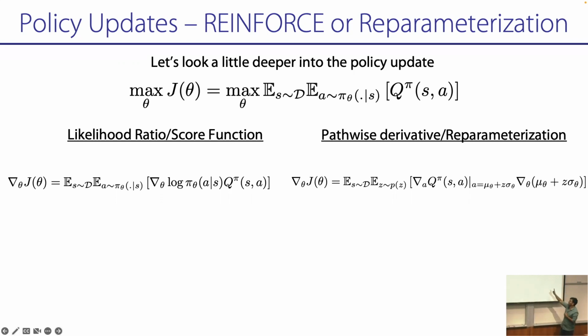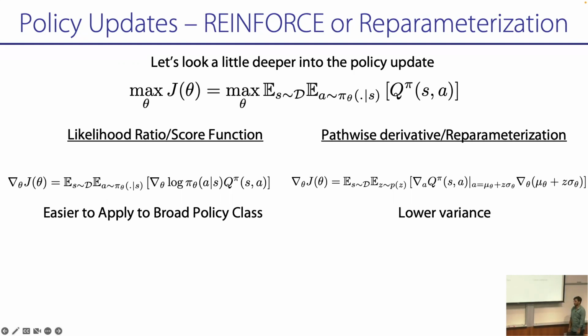Then you can do your policy improvement step with reparameterization, which is a lot lower variance, right? And so when you do policy improvement, you can either do likelihood ratio, which is easier to apply to a broad class, right? You can use it for whatever, or you can do reparameterization, which is lower variance, often works way, way better in practice. Right. So if you look at the homework, you'll try policy gradient, it won't work. You try reparameterization, it'll work better.